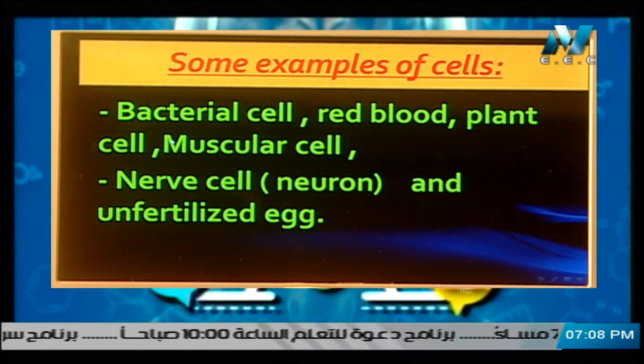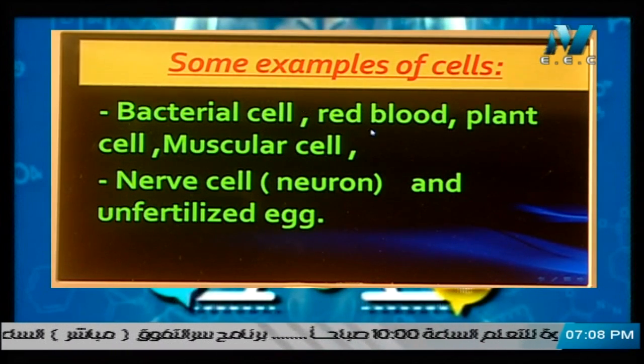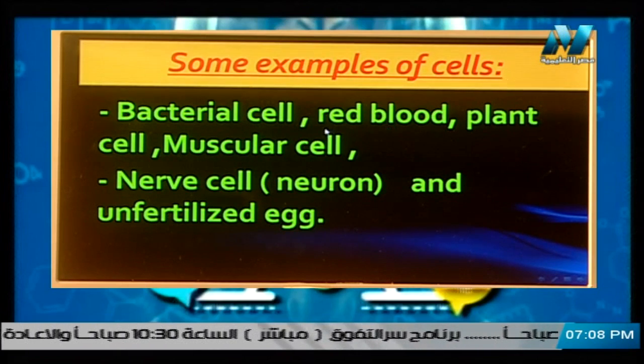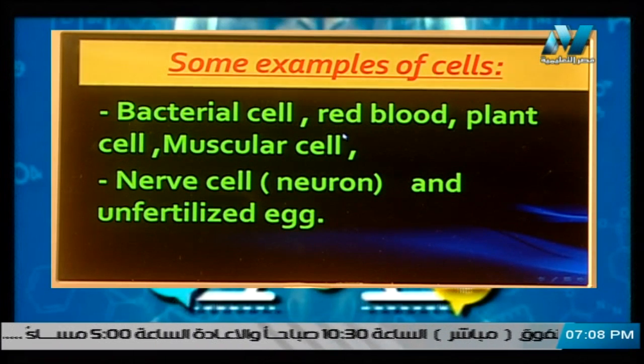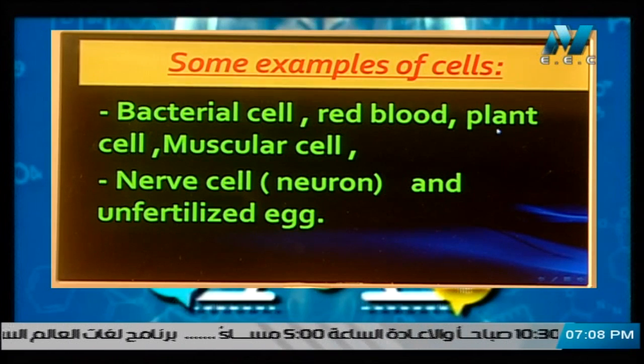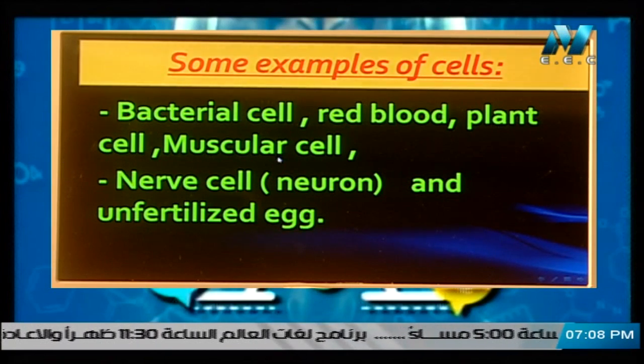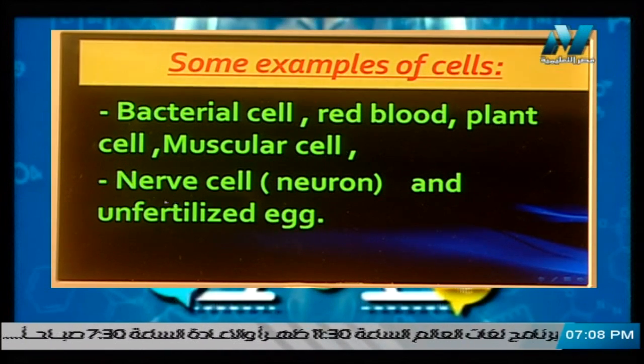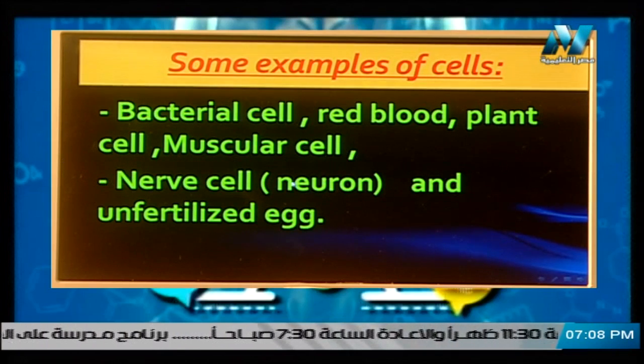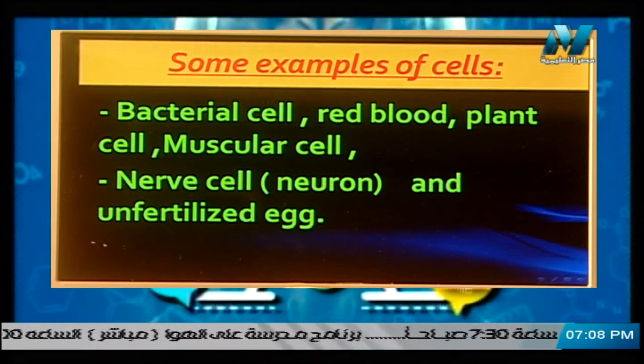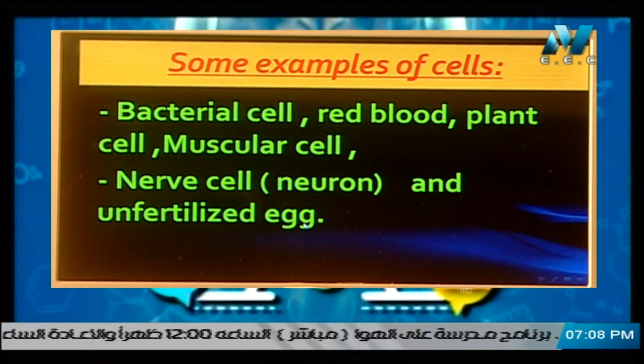Some examples of the cells. عندنا different examples of the cells. Bacterial cell, red blood cell. Inside your body we have blood containing red blood cells and white blood cells. Plant cell, muscular cell, nerve cell, we call it by another name, neuron, and unfertilized egg.